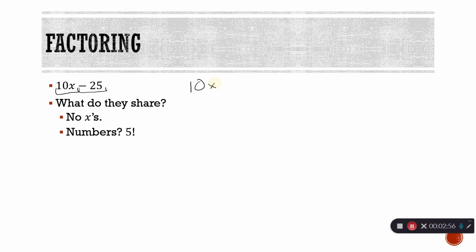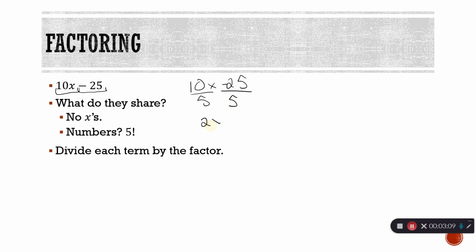So we can take out a 5. So we're going to divide each of these by the factor, which is 5. Okay? So that gets us 2x minus 5. Now, this 5 doesn't go away.